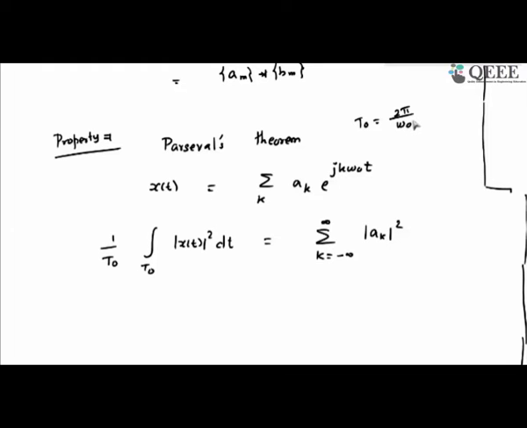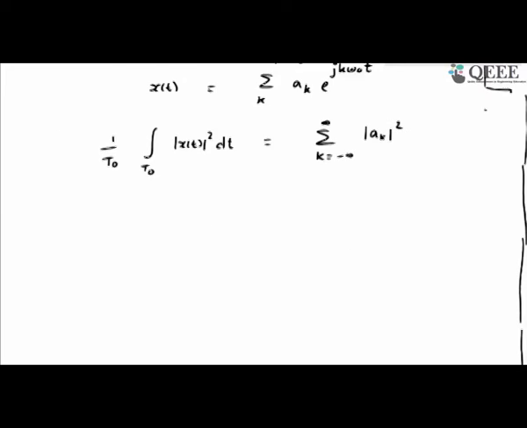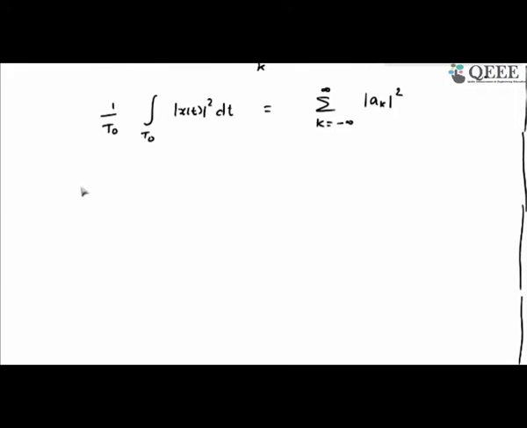So one is the time period, the other is the equivalent angular frequency. We use a multiple of the regular frequency, so omega naught is 2 pi times f naught, where f naught is the fundamental frequency. Anyway, the proof is somewhat straightforward.